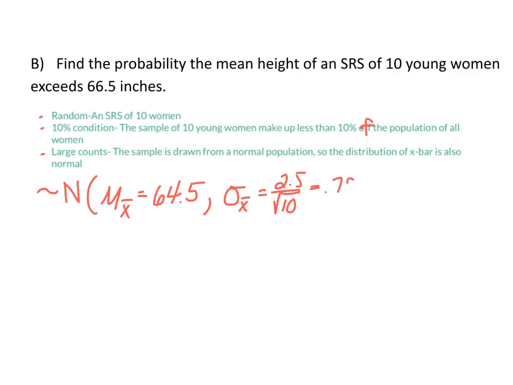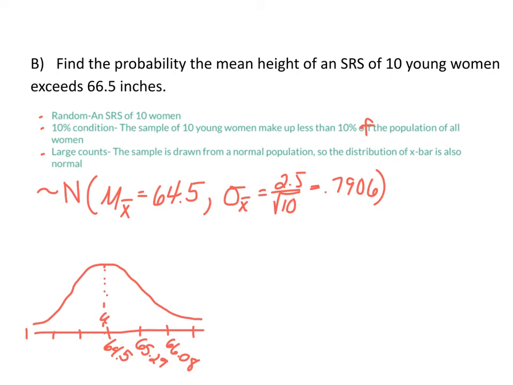I get 0.7906, so I'm going to sketch a normal model. You'll also notice that your standard deviation here, 0.7906, is much smaller than our population standard deviation. Every individual graph had a standard deviation of 2.5. When we take samples of size 10 and infinitely generate them, our standard deviation here is 0.7906, so it's smaller.